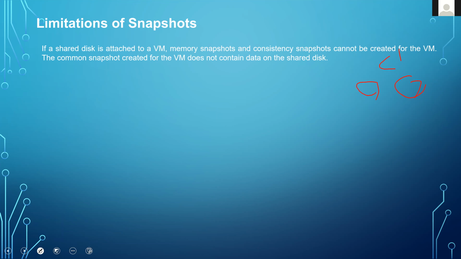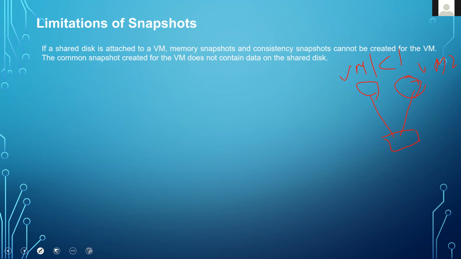For example, this is a cluster environment, VM1 and VM2. Sometimes there are SAP environments, or maybe some other environments, where they want to cluster two machines. So in this case, you need a shared disk. You have to create a shared virtual disk, so both VMs can access it simultaneously.